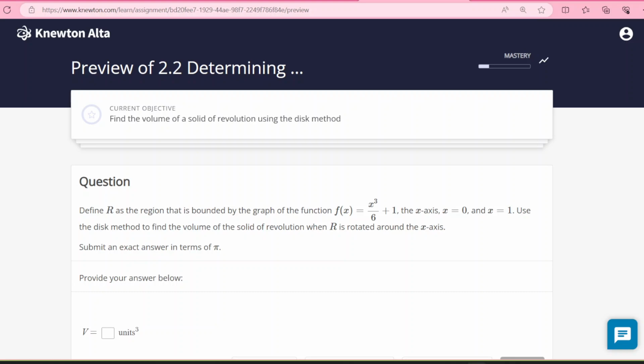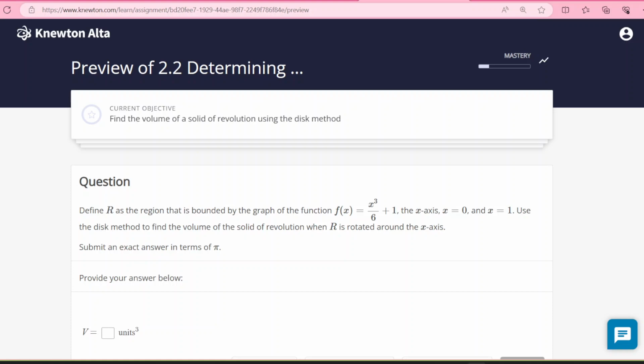After we see what happens to one thin slice, we're going to add all the volumes up through integration. So it'll be pretty similar to the objective with the cross sections from earlier in the video.